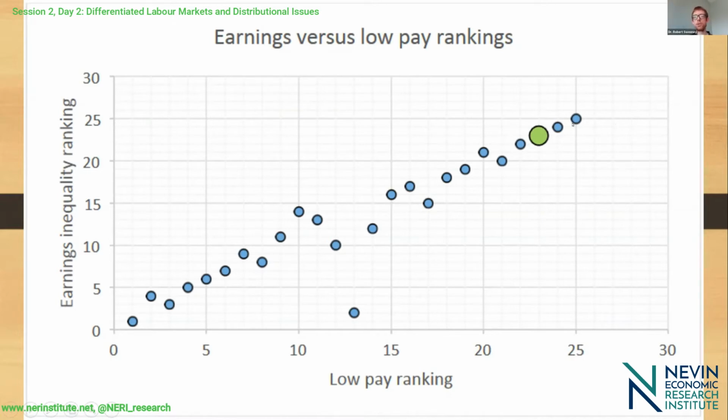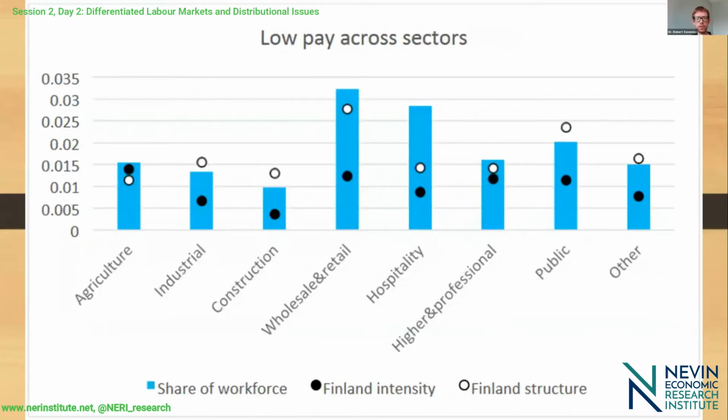So both in Ireland and in other countries, the distribution of individual earnings is very strongly connected to low pay. So this here looks at where Ireland's low pay workers are. Again, using the same measure that I used before, full-time monthly equivalent labour income.